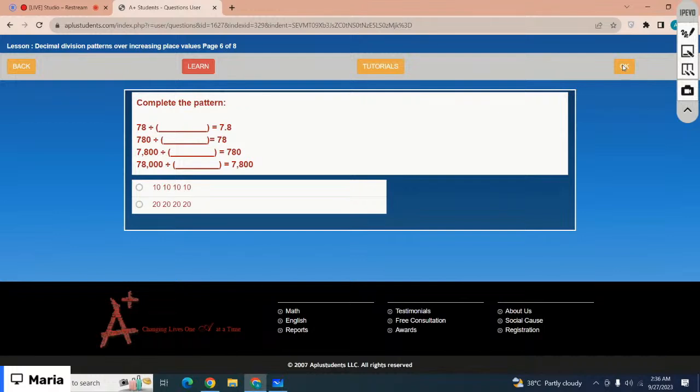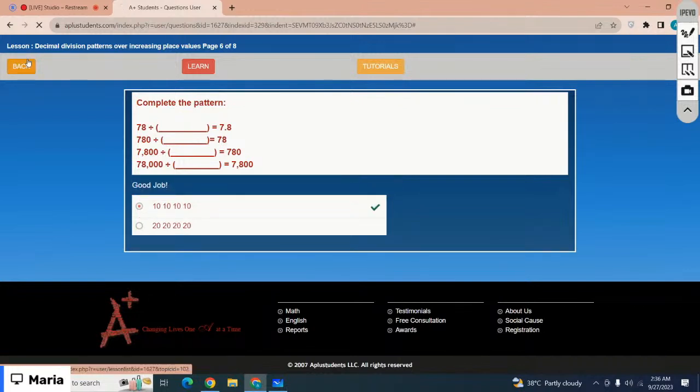Okay, choose, complete the pattern, which is the correct option. Yes, that is option number 1. Okay, you can complete the lesson by yourself later today. Let me just move on to the next lesson.